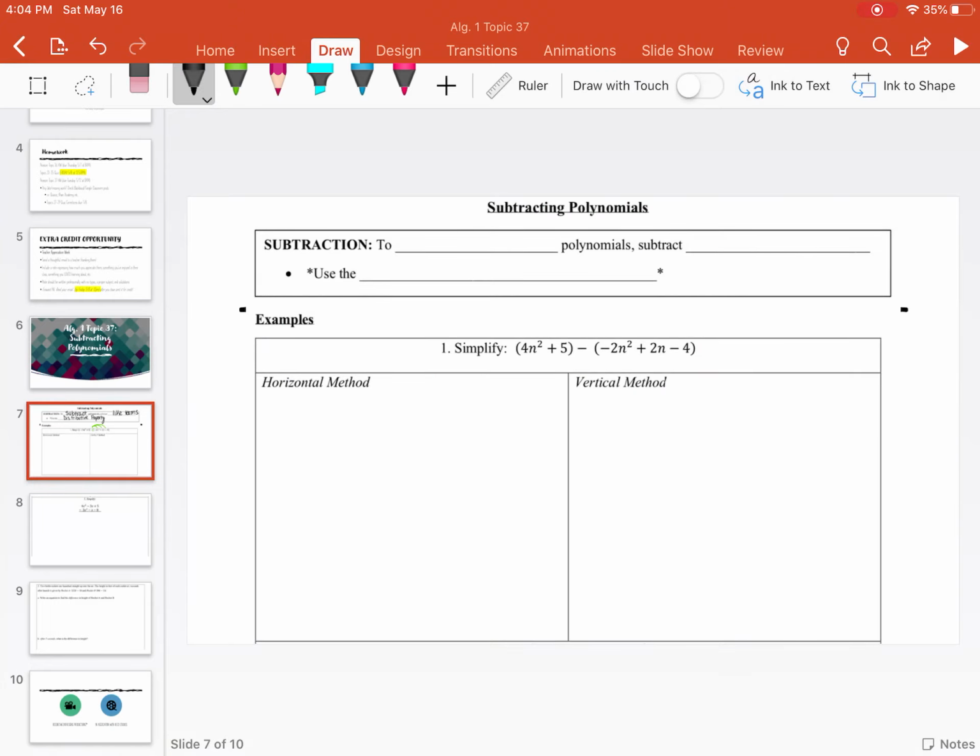So, in order to subtract polynomials, what we need to specifically subtract is the like terms. But before we do that, we need to use the distributive property.